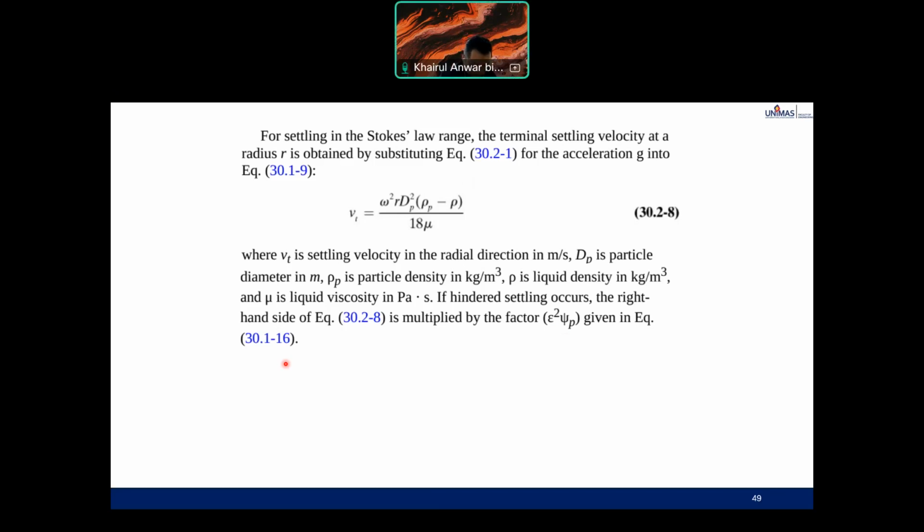You can refer to page 1418. So actually, this is the correction factor.